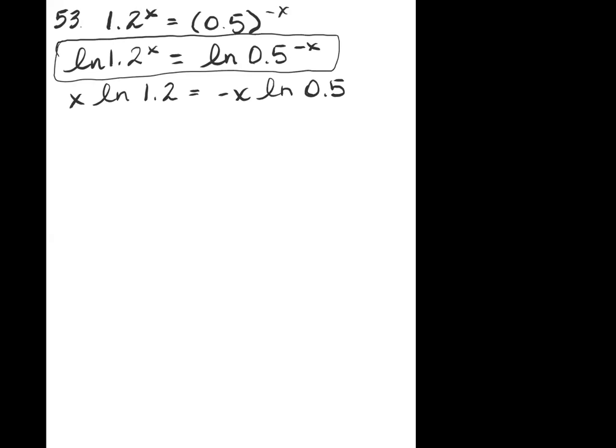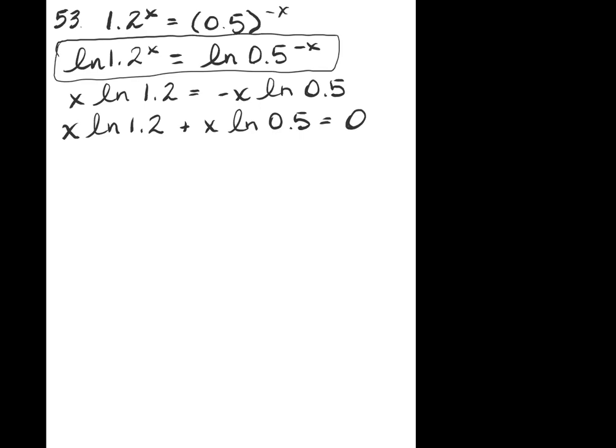All right, so again, I have x's on both sides, so I need to move them to the same side. So I'm going to add the right side to the left. And I get 0. Okay, so there's nothing left on the right side.